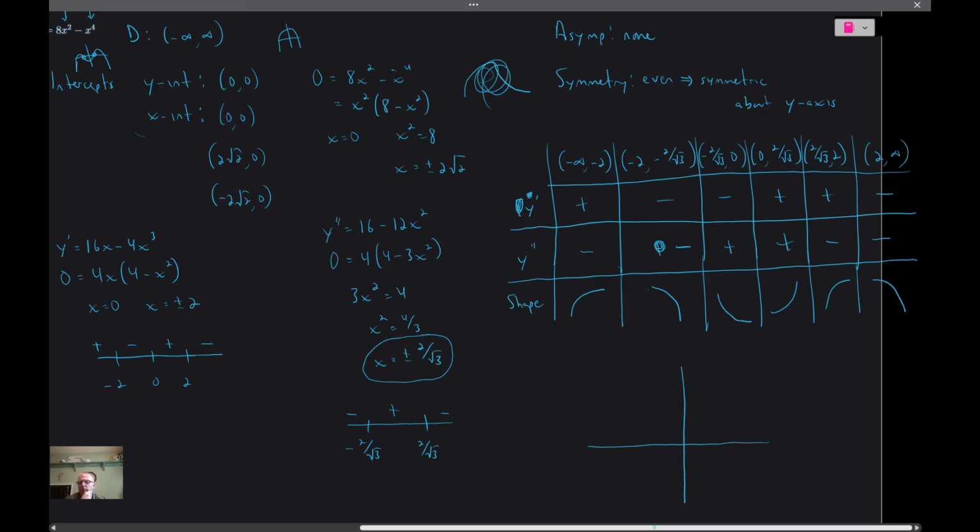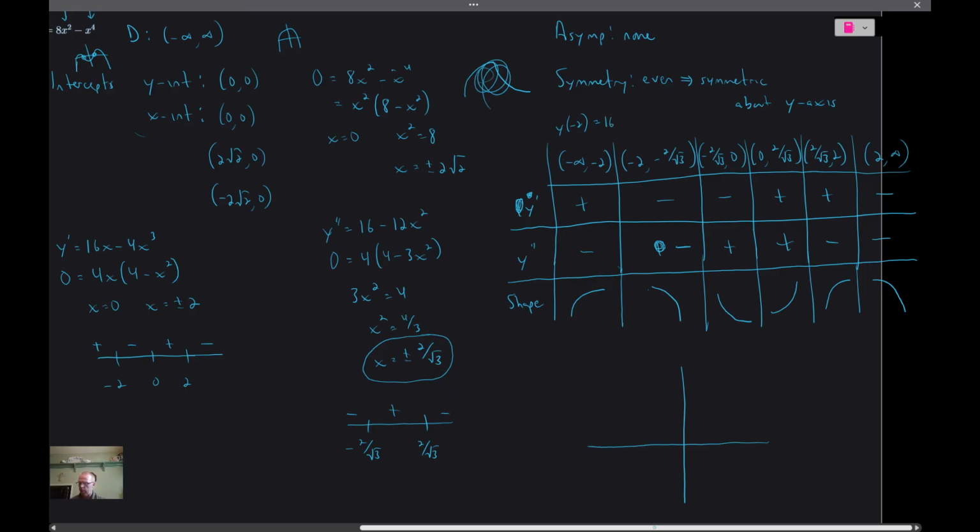And it's probably where I need my calculator. So let's find the y value for each of these x values. So y of negative 2 is 8 times 2 squared minus 2 to the 4th, 16.